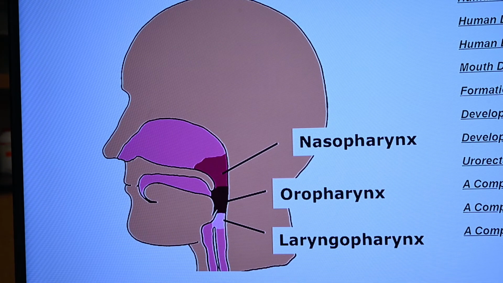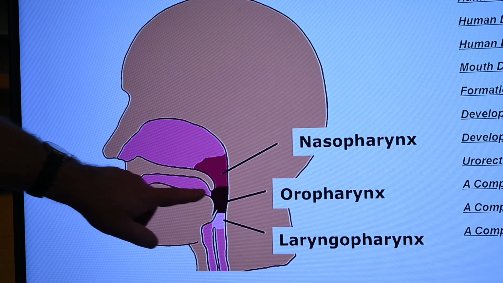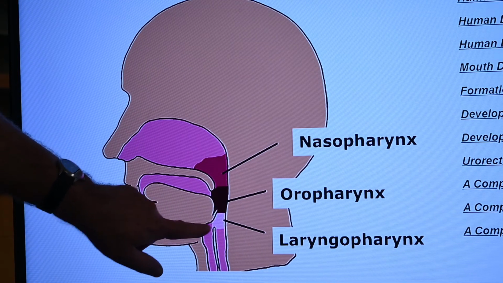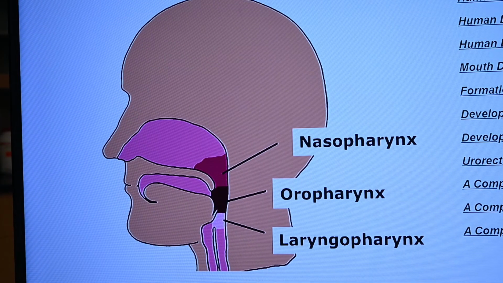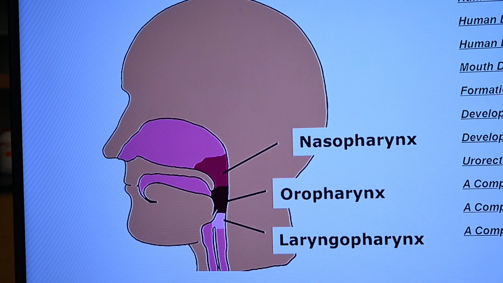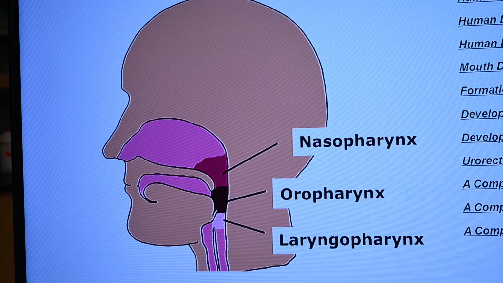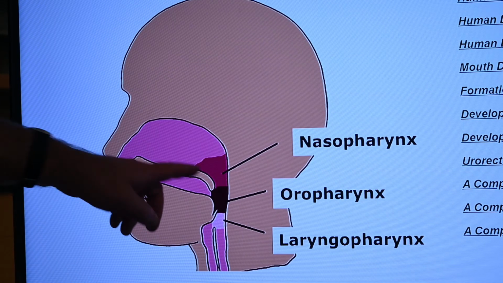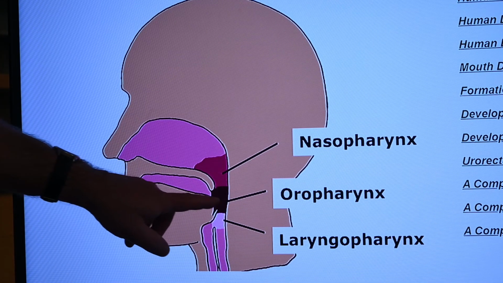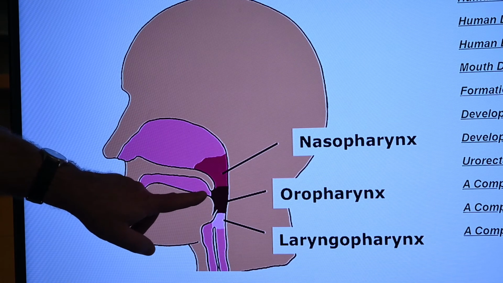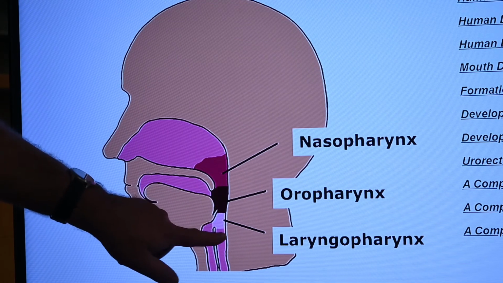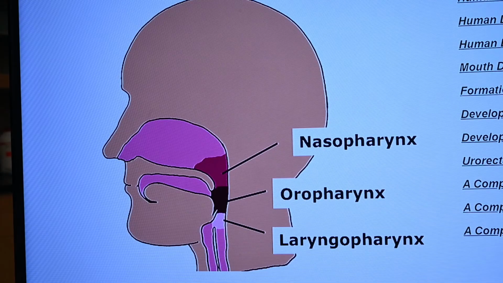That's all kind of a reflexive behavior once you get the food back into the pharynx. So the pharynx itself does not contribute to the digestive process, but just serves to move the food into the esophagus by the swallowing reflex.